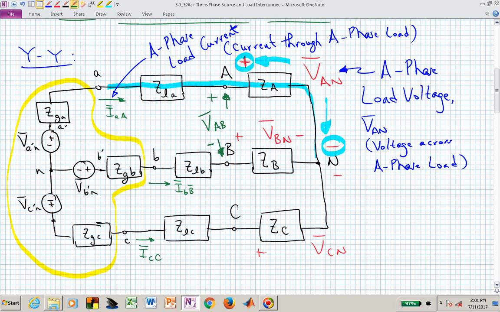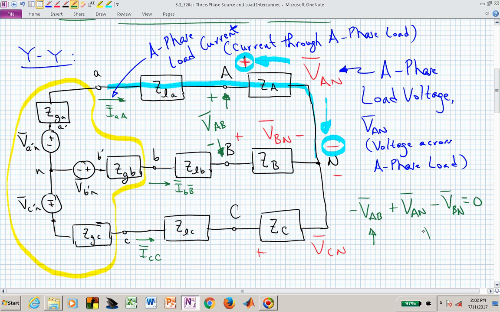And you can now write a KVL equation going into the negative terminal of VAB, and we would have minus VAB, these are all phasors, plus V sub AN minus V sub BN is equal to 0, and we'll use that relationship to define a relationship between the line voltage and these different phase voltages.